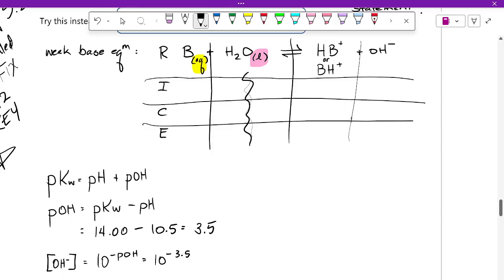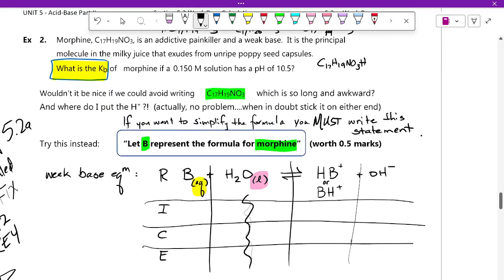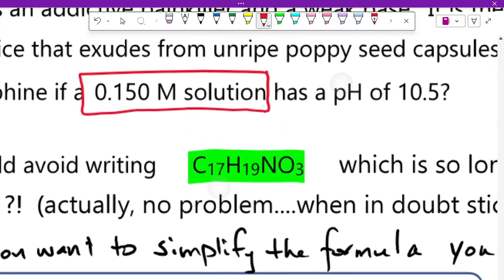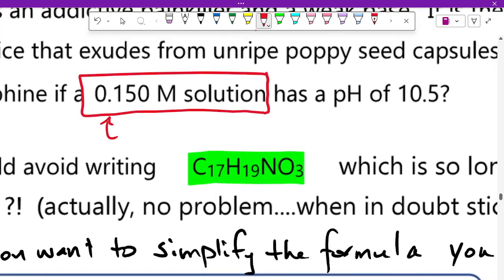A couple things to remember whenever you are given the concentration of the solution: is that the initial concentration or the final concentration? That's always the initial concentration.